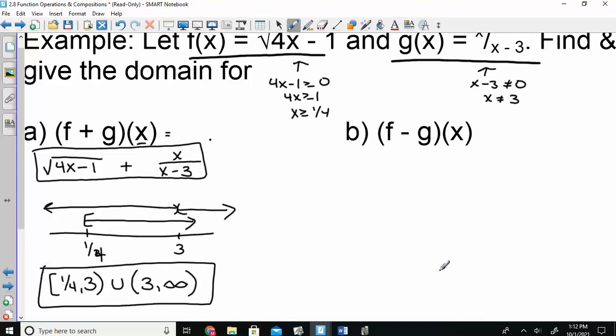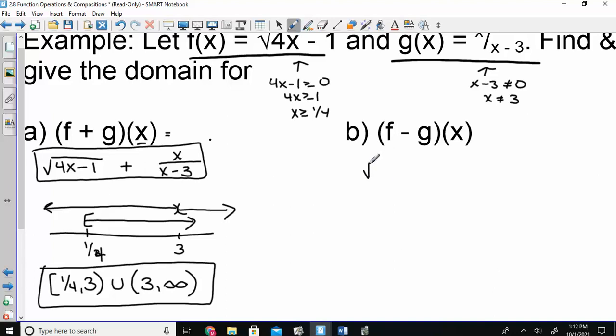So when finding the domain, we have to take each of those originals. Now, if the originals both were just polynomials, so no fractions, no radicals, what would your domain be? Negative infinity, positive infinity. So if they're polynomials, we don't have to worry. We have to watch out for the fractions and the radicals.